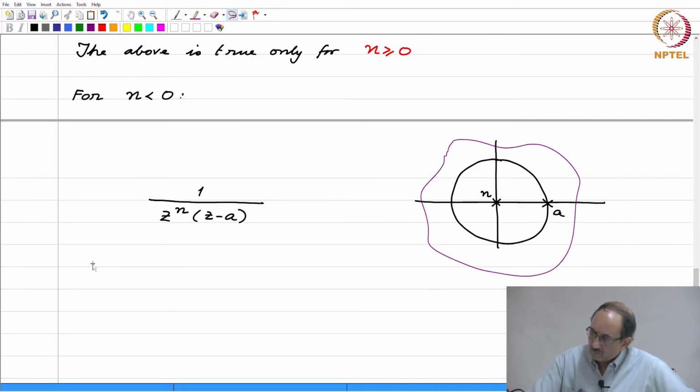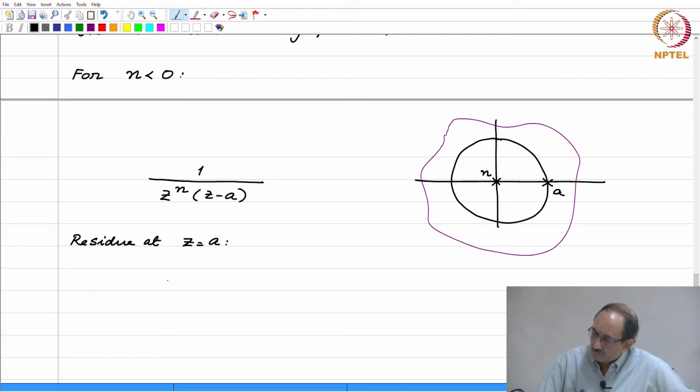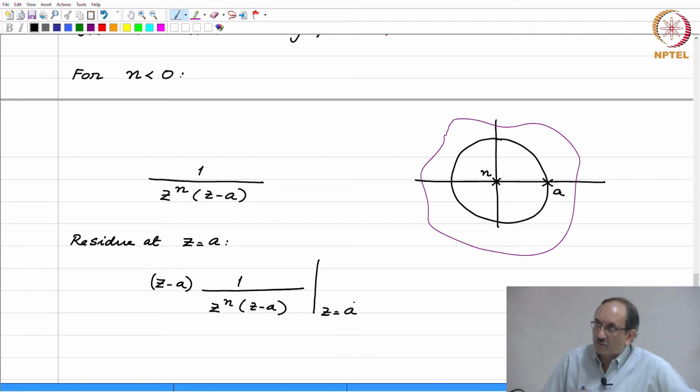Okay. So, residue at z equal to a is easy, because you need to multiply by z minus a and then evaluate it at z equal to a, and you get 1 by a power n.